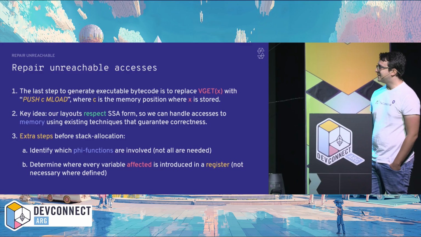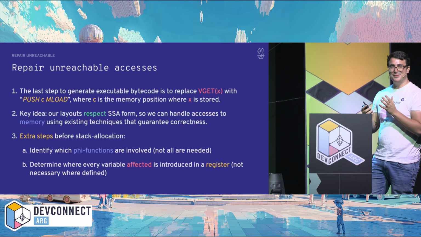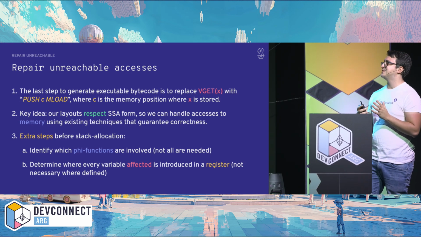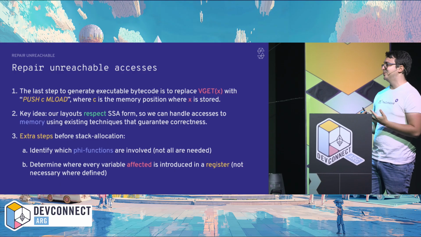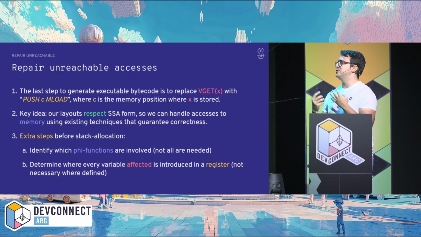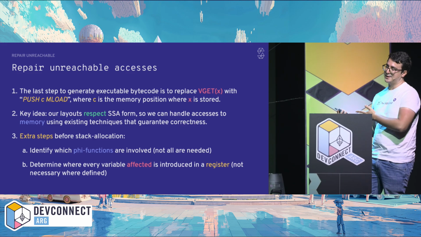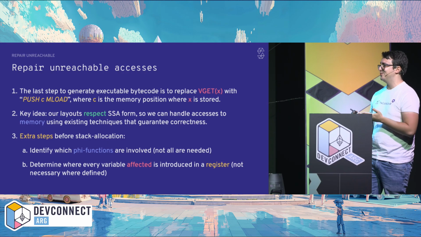OK? So the key idea for doing it in a general, efficient way is that everything we have done so far is preserving this SSA form. So this means that we have access to existing techniques that use the SSA form for propagating the variables using registers. In our case, it's the memory, but in practice, we are using it similarly to registers.